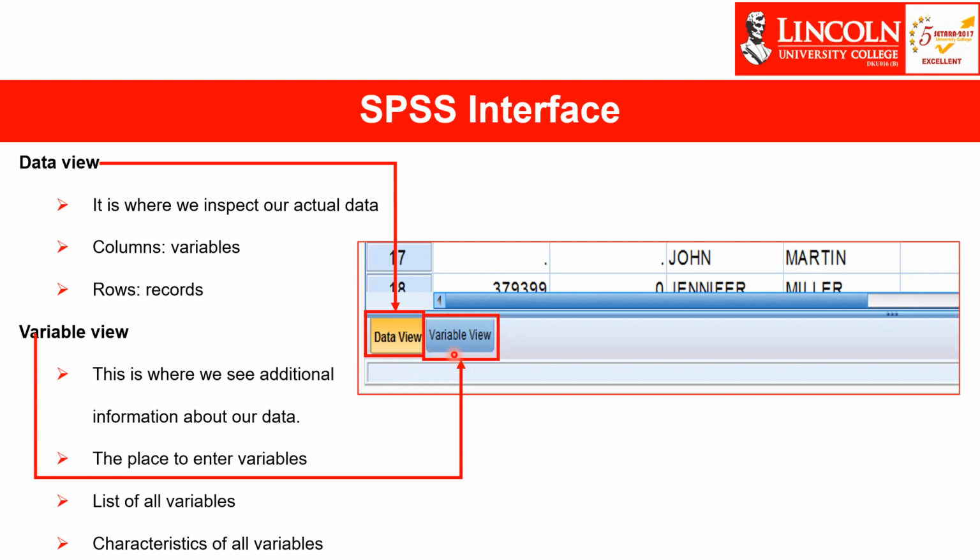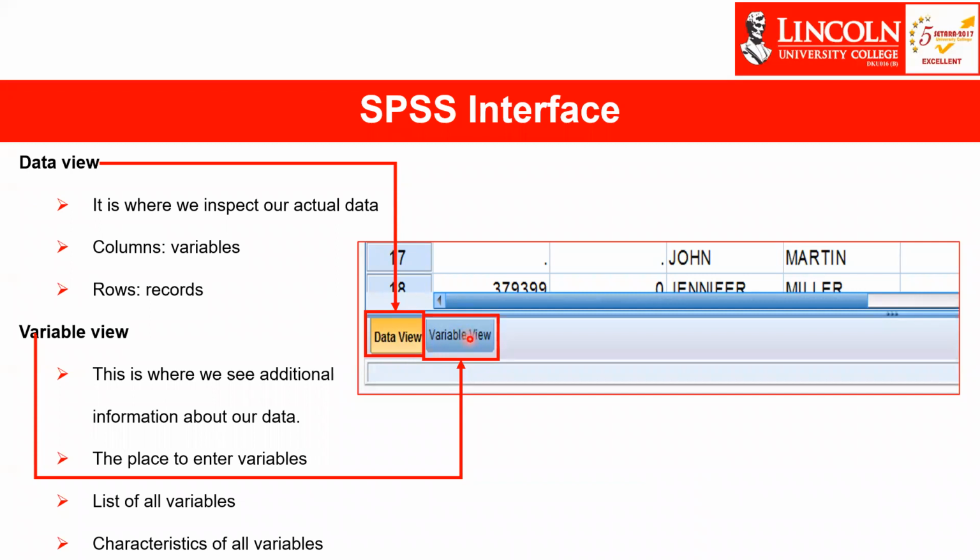For example, if you create a variable called name and you want the name to take a certain number of characters as the input, as the value, this is where you see the definition of that particular variable. Whether the measurement scale on that variable is nominal, ordinal, or scale, this is where you see it.